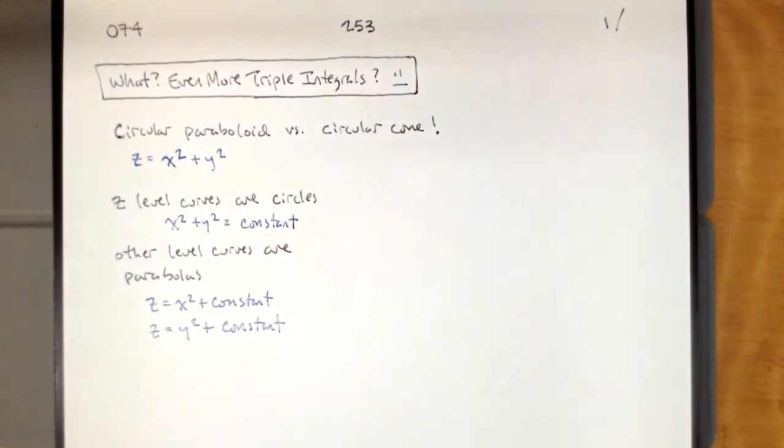So think back to the beginning when we were analyzing a function of two variables or an equation involving three variables. One of the ways that we can get a picture is to draw level curves. Pick one of the coordinates and make it constant for various values: z equals 1, z equals 2, z equals 3, and so on.